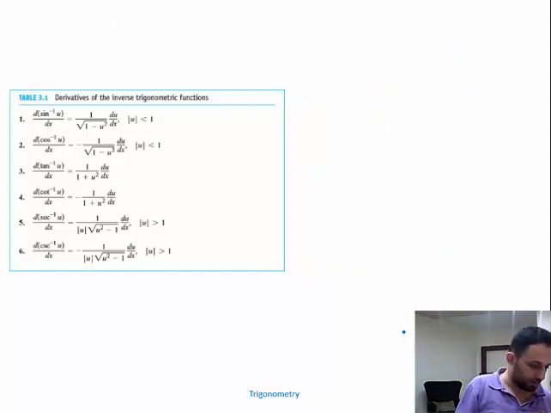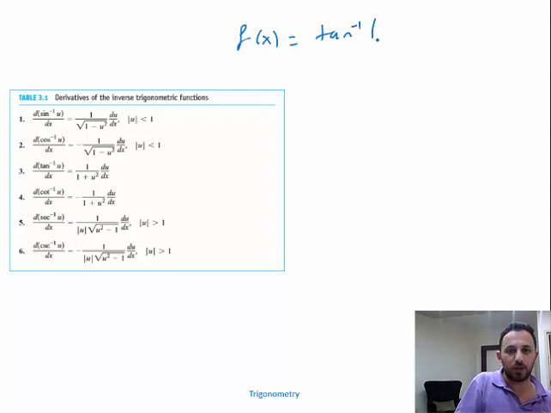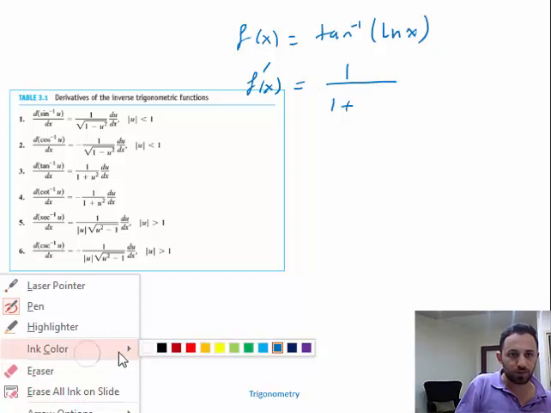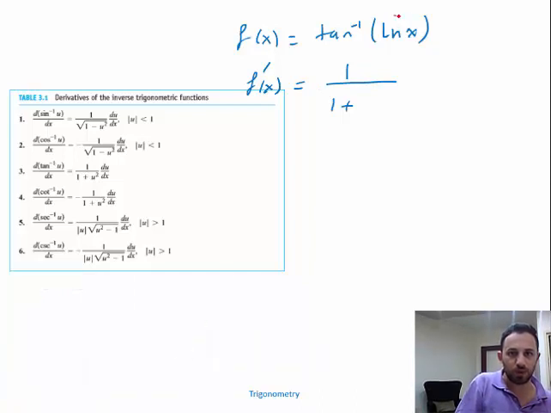Okay, let's take another example. Let's assume f of x is given as tan inverse of ln of x. Then the derivative f prime of x: the derivative of tangent inverse is 1 over 1 plus u square, where this is u.